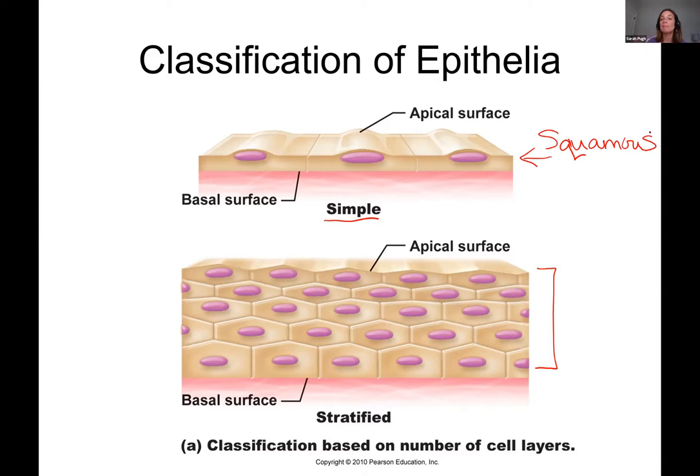And then the ones at the bottom, this one gets a little tricky. When you're looking at something stratified, you can see that the shape of the cells down at the bottom versus the shapes of the cells at the top look a little different, right? They're a little more cubed at the bottom than they are at the top. You will always name a stratified epithelium based on the shape at the top.